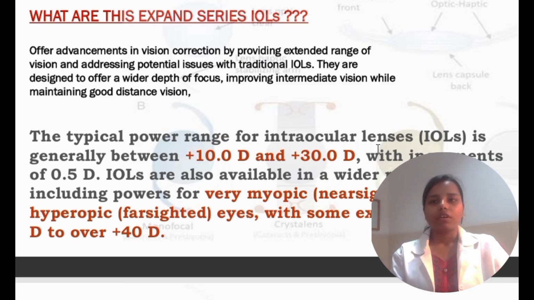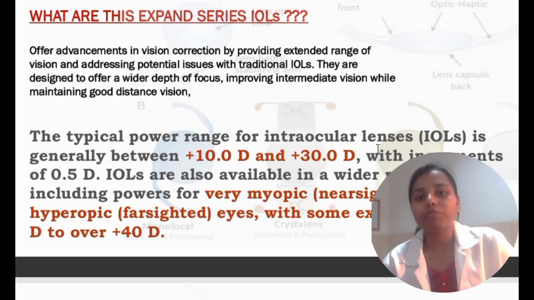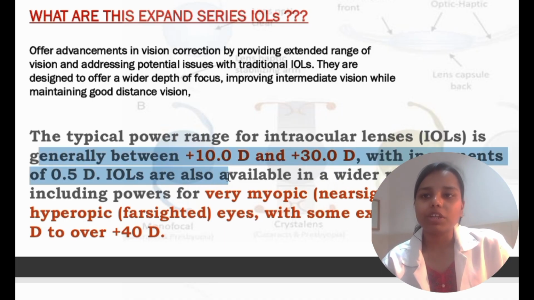So what is the expand series IOL? They are specialized IOLs which we make for specialized patients. In normal traditional IOLs that we put in for cataract surgery implantation, the power is generally between 10 diopter and 30 diopter, in 0.5 diopter steps.